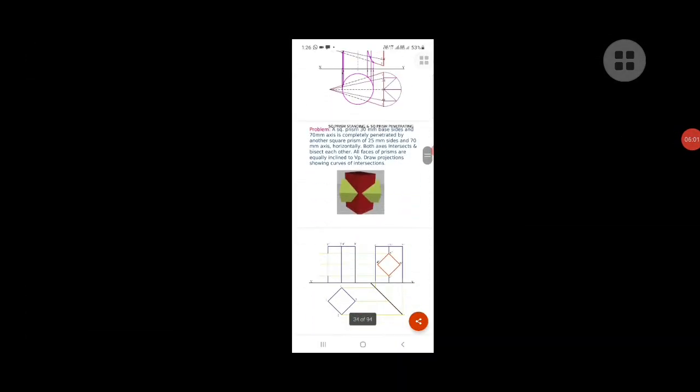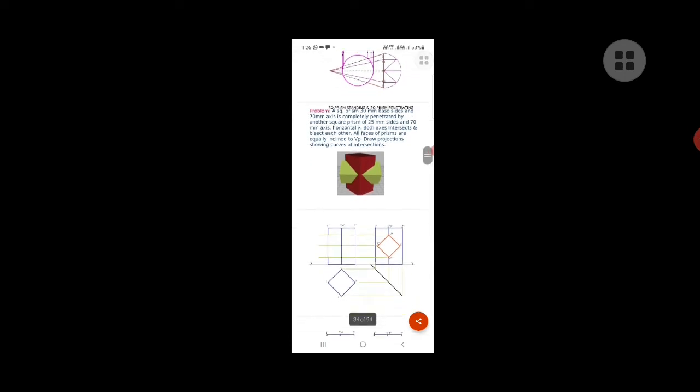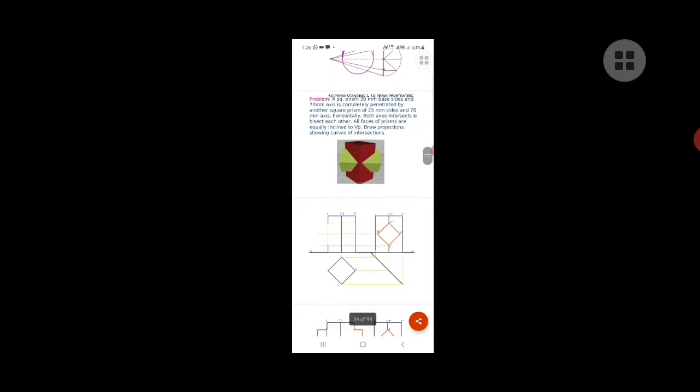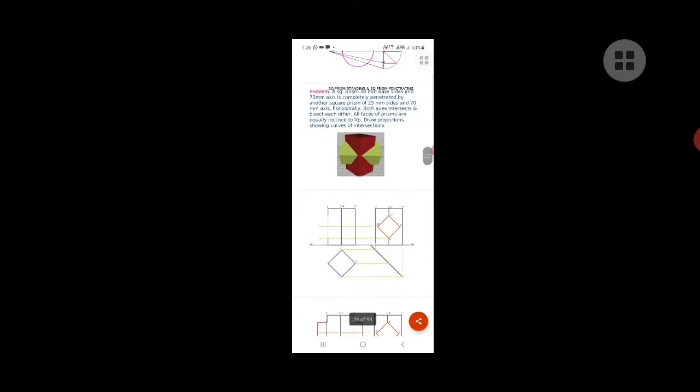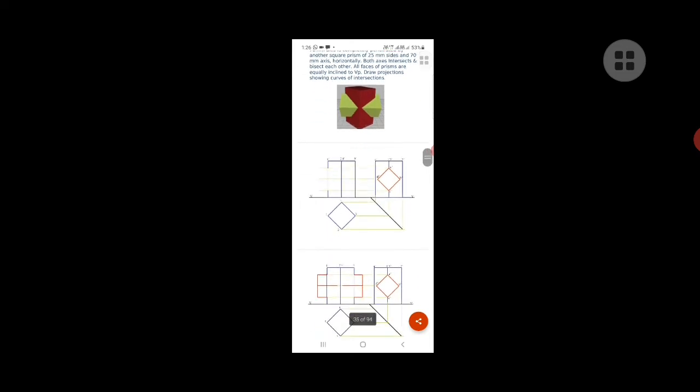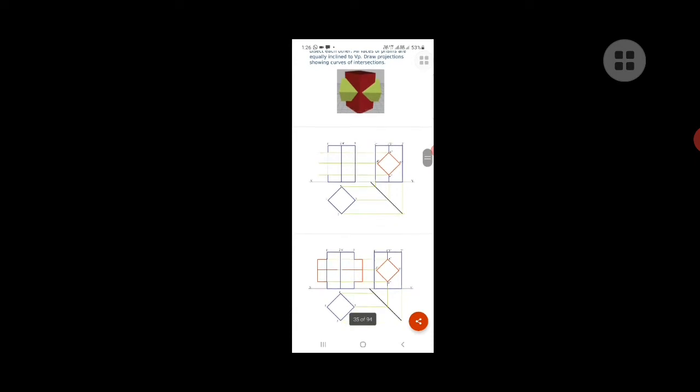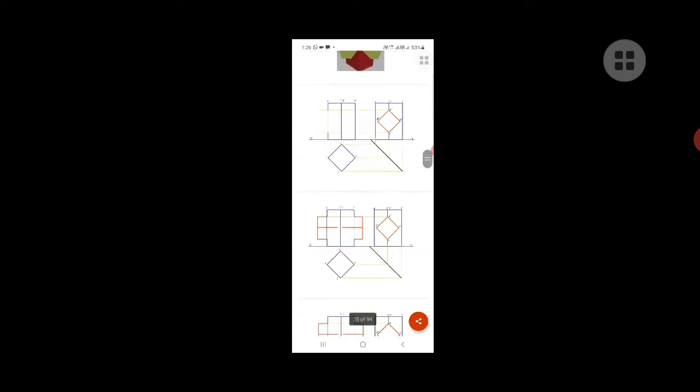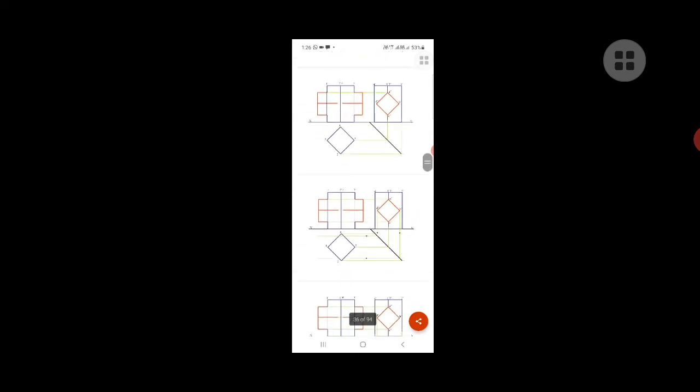That is a square prism penetrated by another, with axes of 25 mm and 70 mm. Both axes intersect. So that is one prism, and the second prism intersects with edges A, B, C, D and 1, 2, 3, 4.